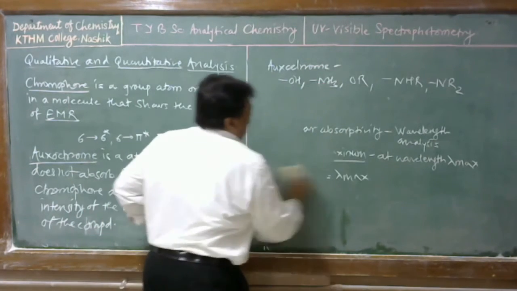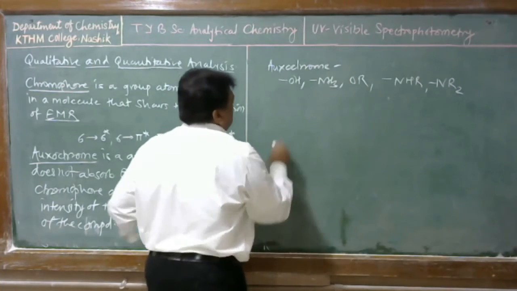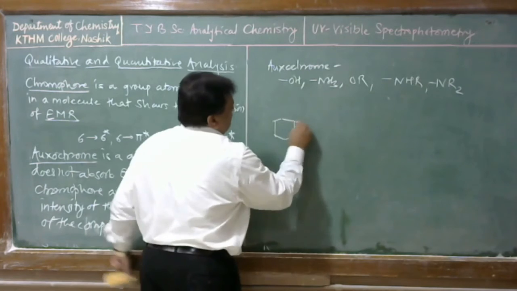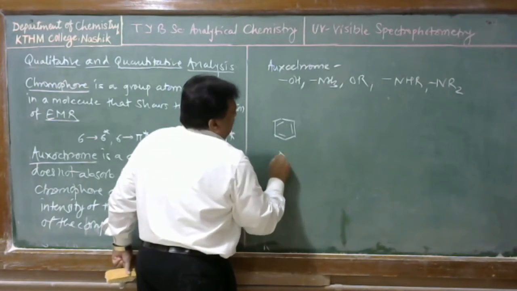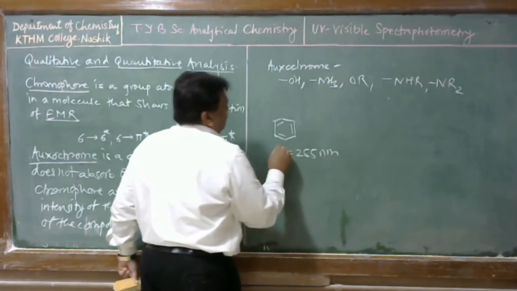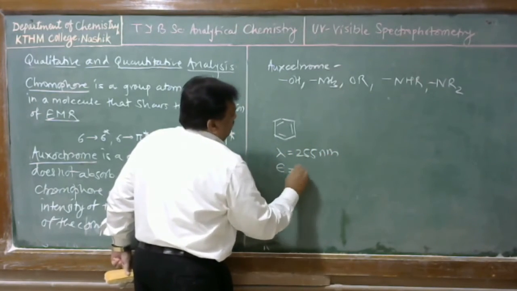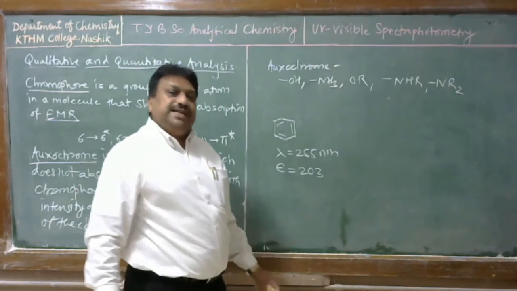Suppose, for example, we know that benzene, an aromatic compound, absorbs at 255 nanometer, showing an epsilon value of only 203 liter per mole per centimeter.